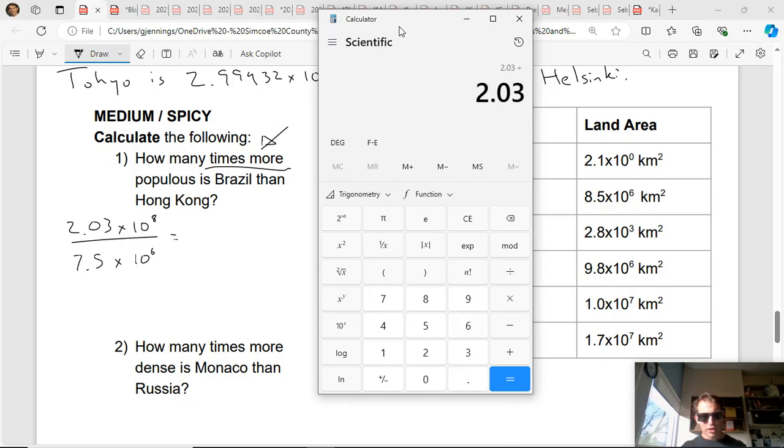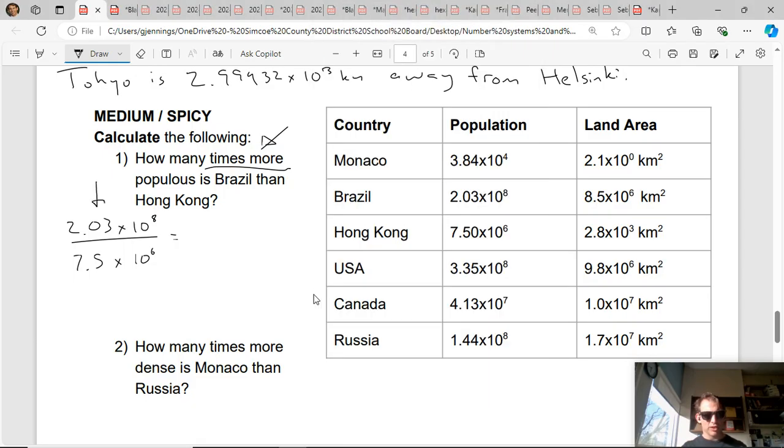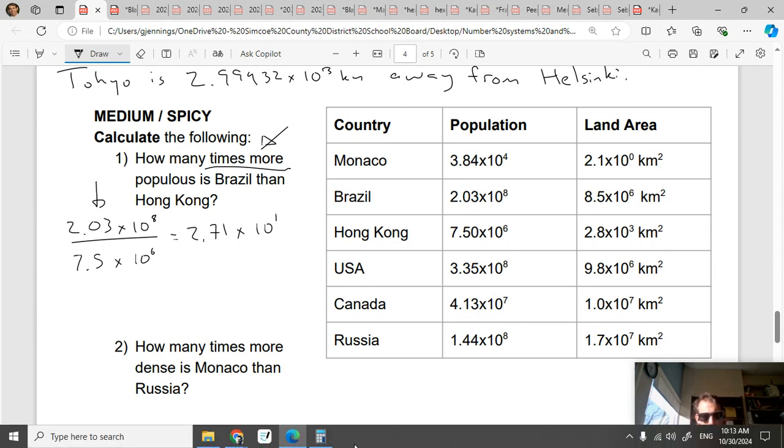All right, so I'm just going to do 2.03 divided by 7.5 equals 0.271. I'll keep the same number of significant digits as there: 2.71 times 10 to the 1. Okay, watch this.